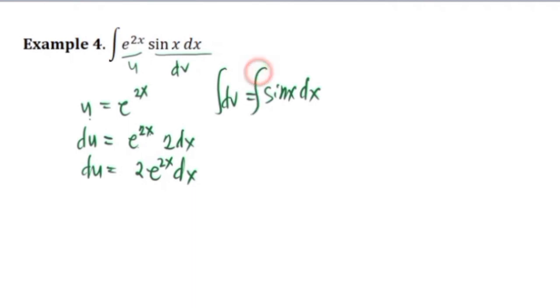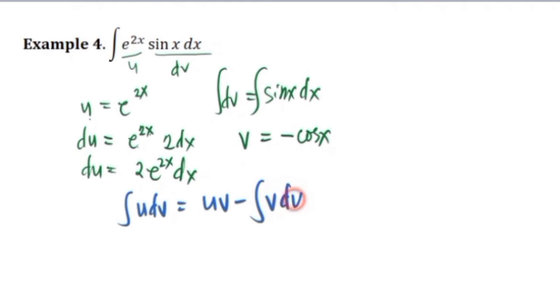So here, taking the integral, we have v is equal to the integral of sine x dx is negative cosine x. So applying the formula, we have the integral of u dv is equal to uv minus the integral of v du.